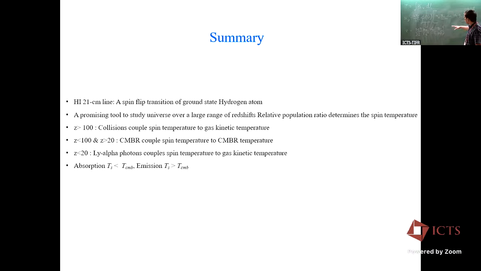Let's say 10 atoms are going from singlet to triplet, but at the same time some atoms are coming back to the singlet state. So we have to take the difference, and that will give you the net absorption. Let's say 5 are coming back, so your net absorption is 5. That's why I have written this.